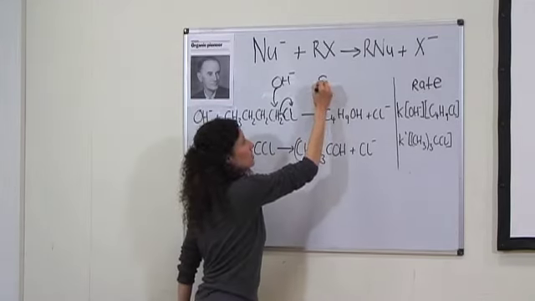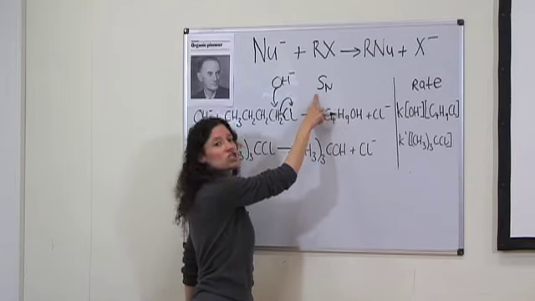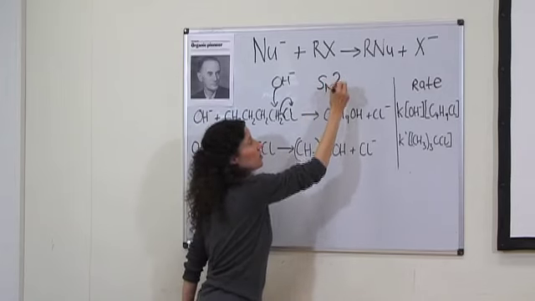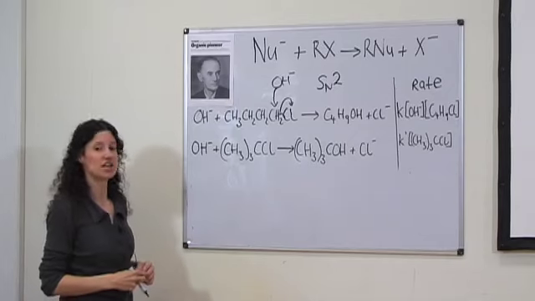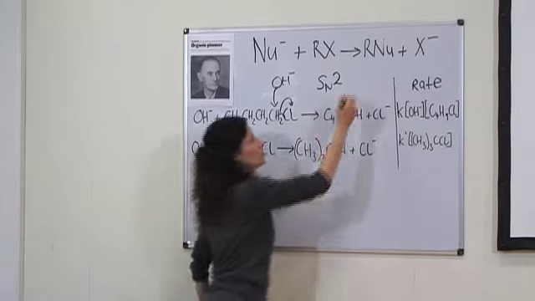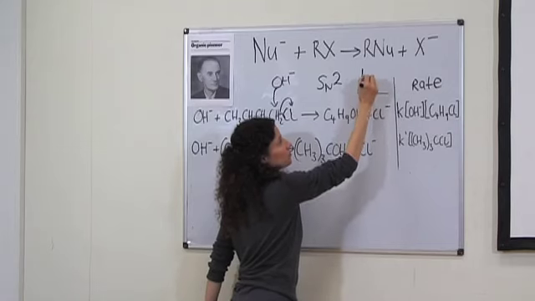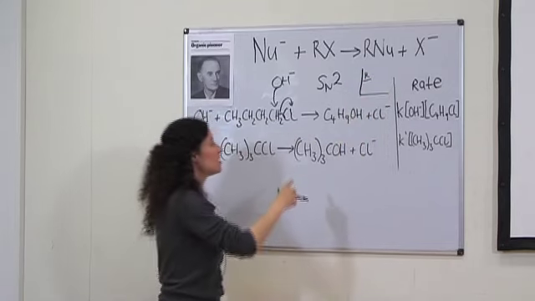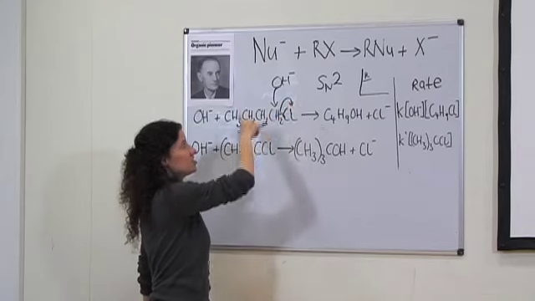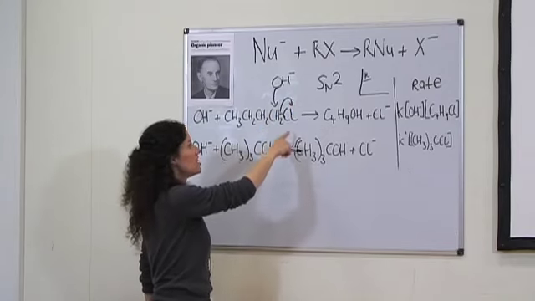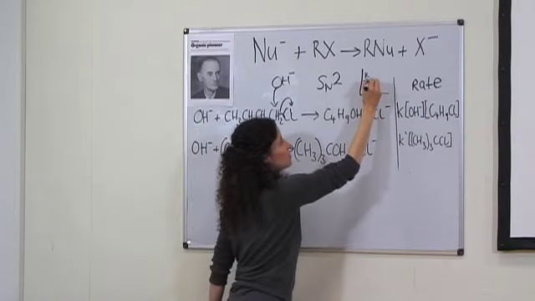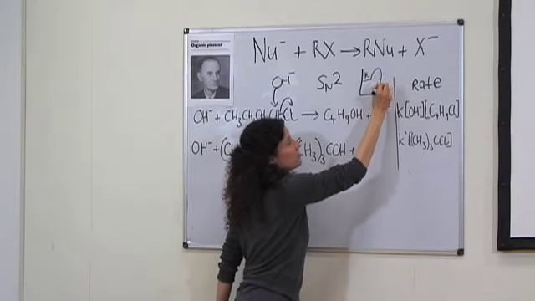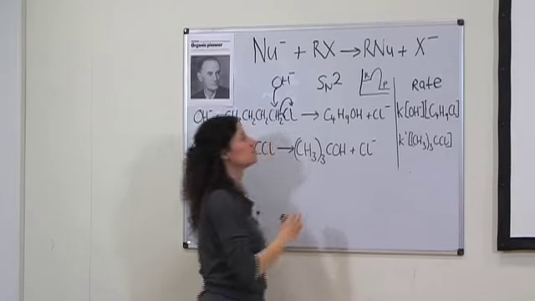And so it's a nucleophilic substitution involving two species. If we were to sketch an energy profile for this reaction, we would see that the energy increases as we form a transition state, a high energy transition state, with the OH partially bonded and the chloride partially bonded, and then decreases to the final product state.